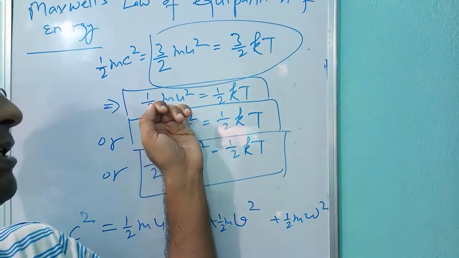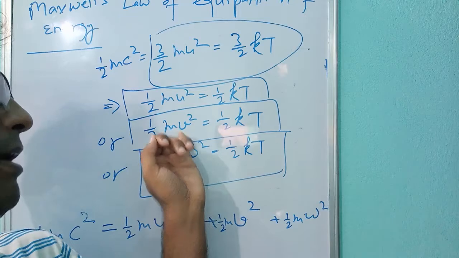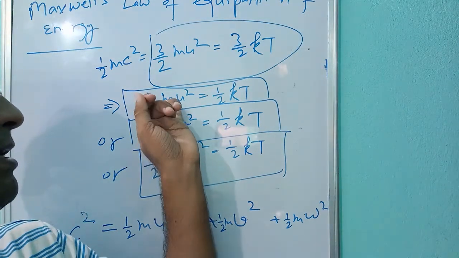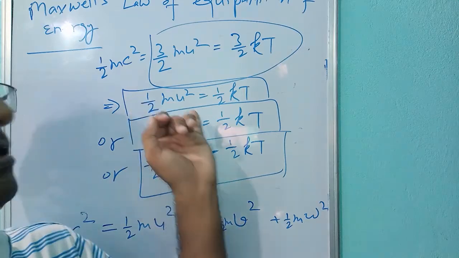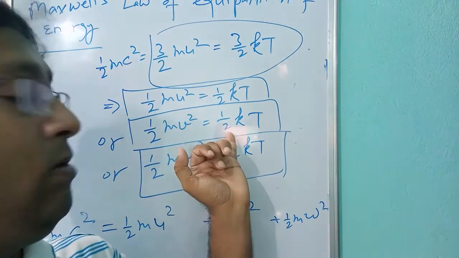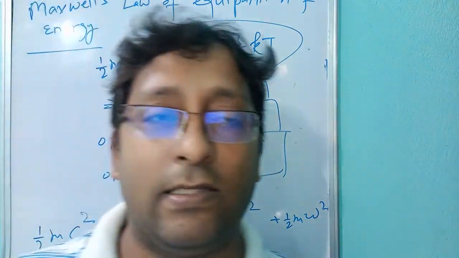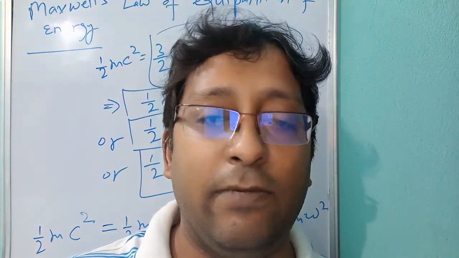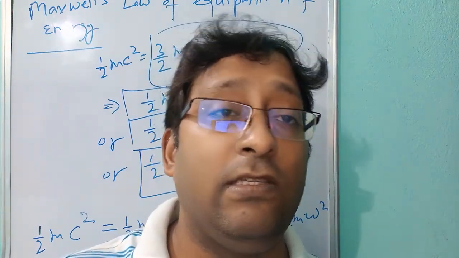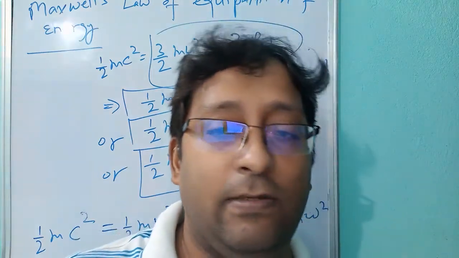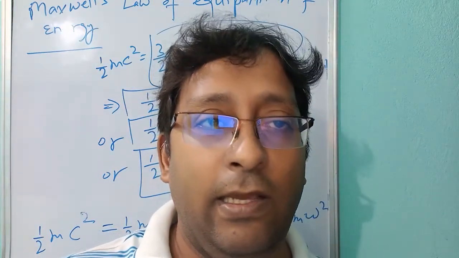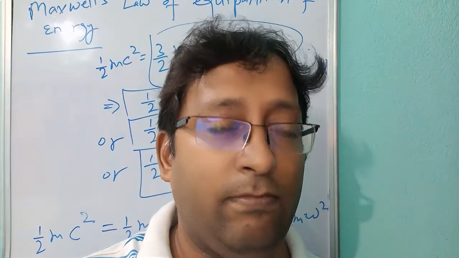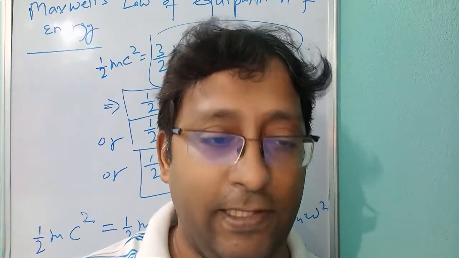Because this is velocity along the x-axis, this is along the y-axis, and this is along the z-axis. The average kinetic energy associated with each degree of freedom must be equal to 1/2 kT. Thus, the energy associated with each degree of freedom is 1/2 kT.